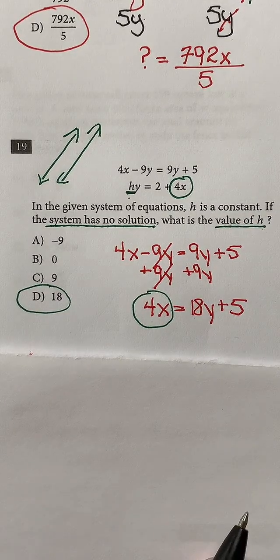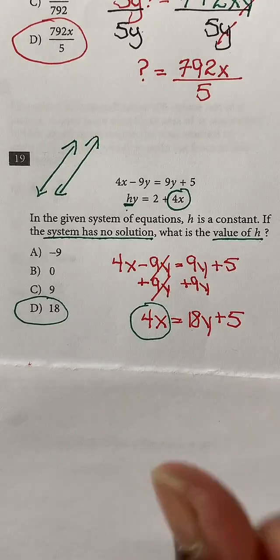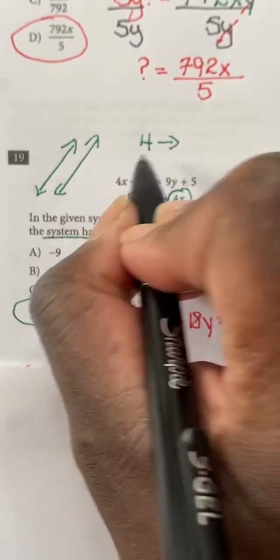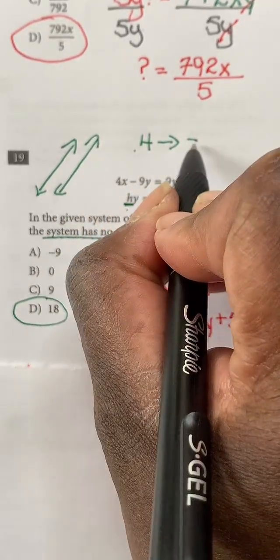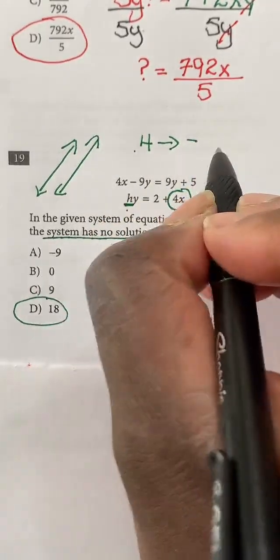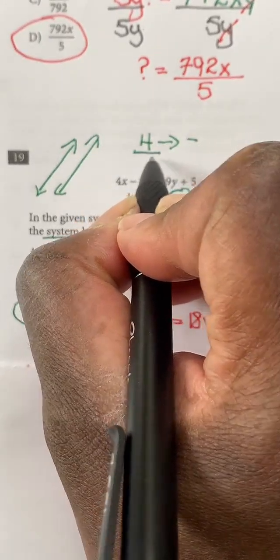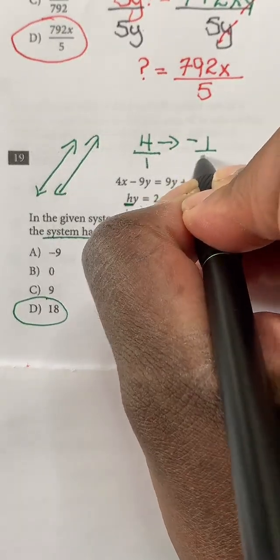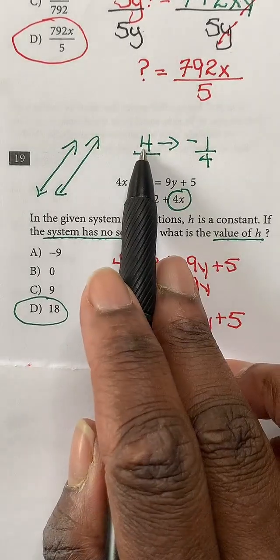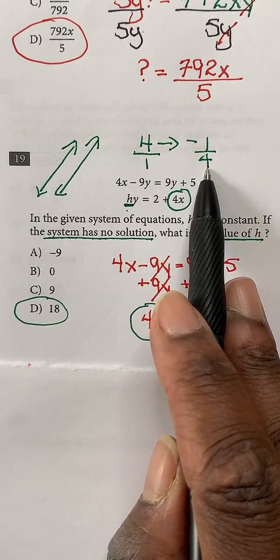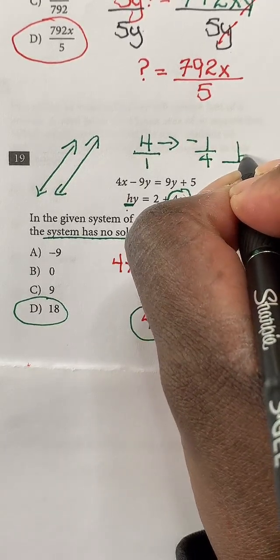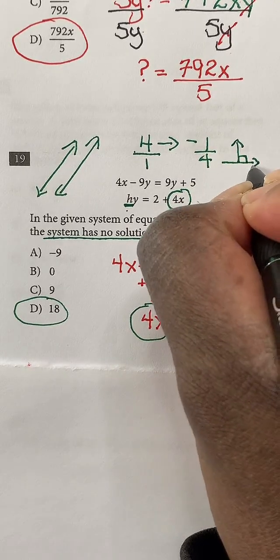If they give you opposite reciprocals, like if my slope was a 4, the opposite reciprocal will be negative because the opposite of positive is negative. And the reciprocal, anytime you see a whole number, it's always over 1, so I flip it. That will be 1/4. So if you see a slope of 4 and the other slope is a negative 1/4, the lines are called perpendicular.